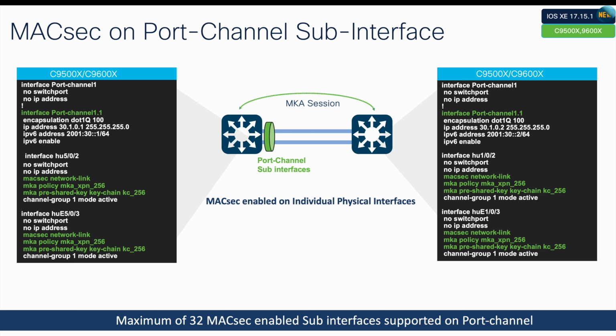By applying MACsec on these port channel subinterfaces, enterprises can ensure that the data traversing these aggregated links is encrypted and secure. This in turn will enhance the security of the network by ensuring that even if one of the physical links is compromised or goes down, the data remains protected.